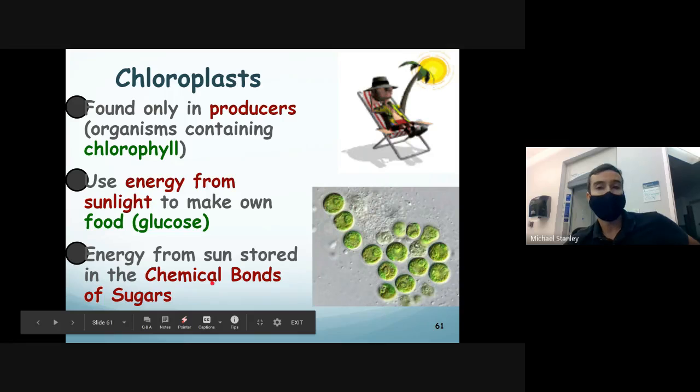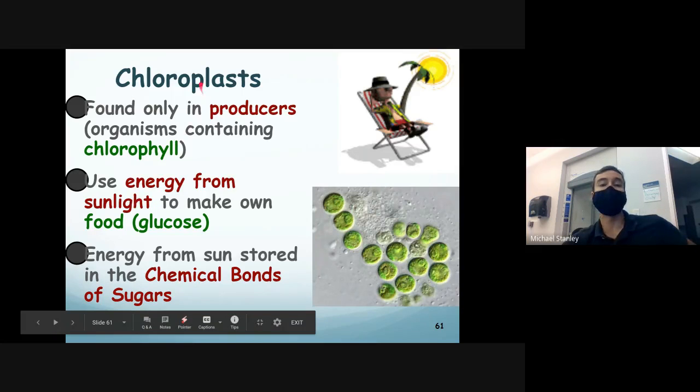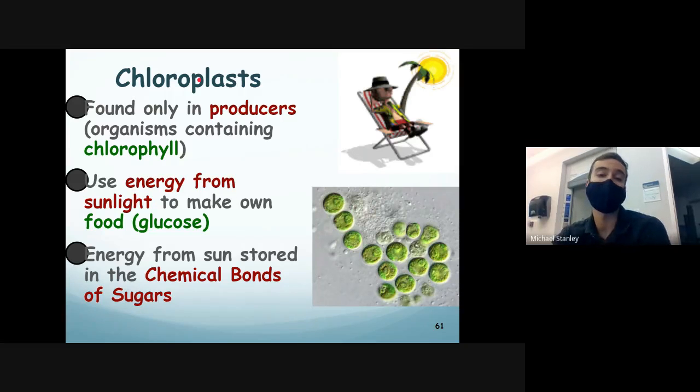Later, the mitochondria will turn that sugar chemical energy into ATP chemical energy. But the chloroplasts are where this happens. This is what allows plants to be producers, to make their own food just by sitting in the sunlight for a few hours a day.